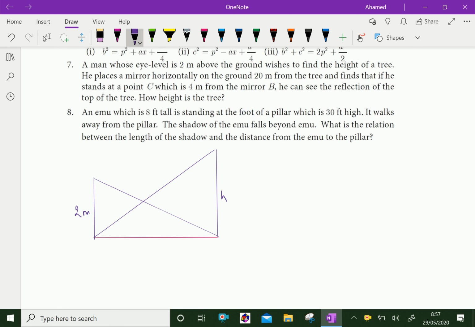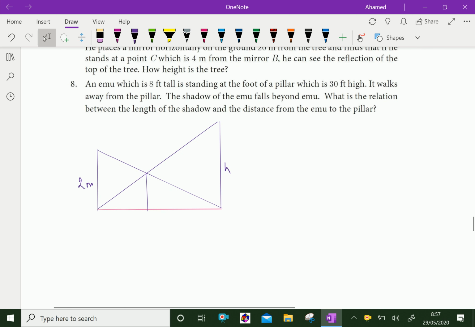He places a mirror at 20 meter from the base of the tree. This is 20 meter, point B and A here.